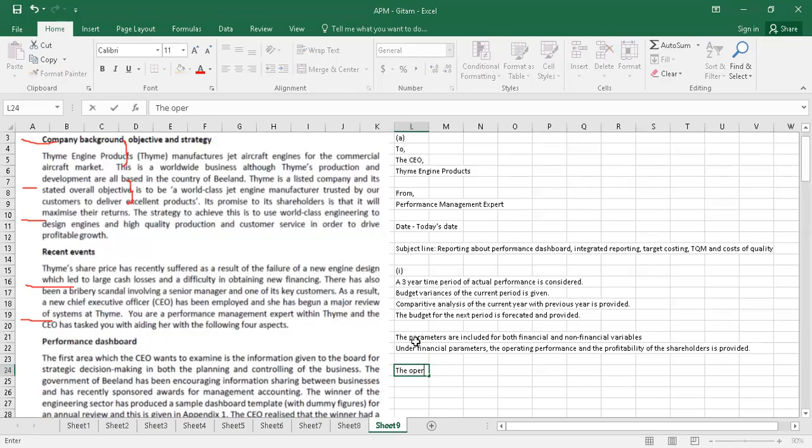The operating performance is depicted by revenue generated and the operating profit of the company.